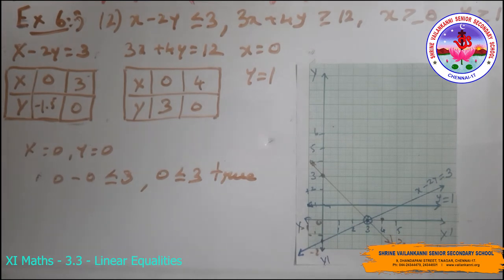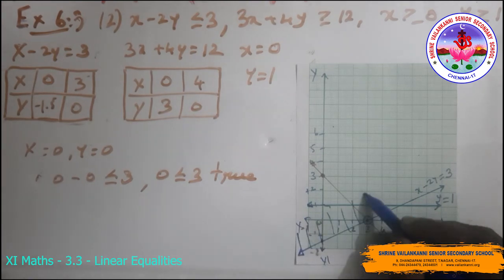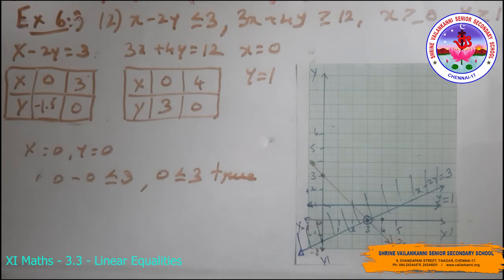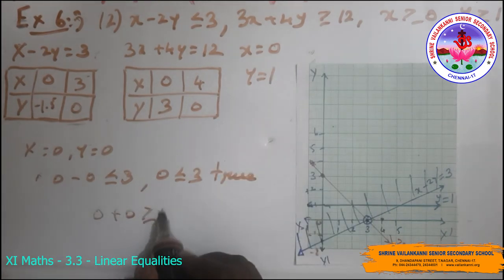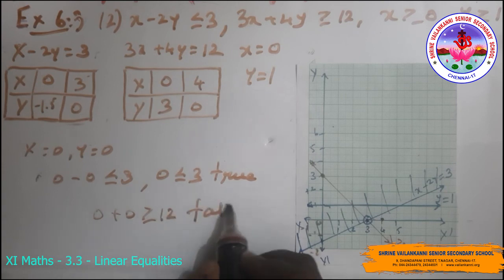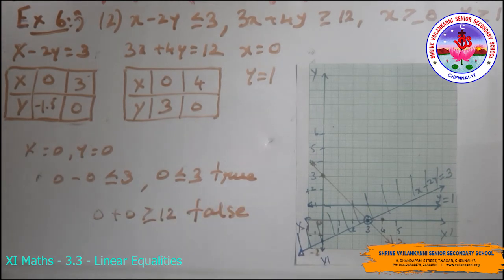So it lies towards the origin. And the second one is 3x plus 4y, which is greater than or equal to 12, that is 0 plus 0, which is greater than or equal to 12, which is false. So inequality 2 represents the region above the line which includes the line 3x plus 4y equal to 12. So it lies outwards the origin.